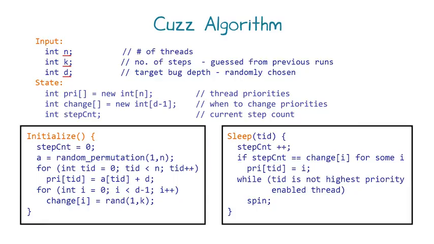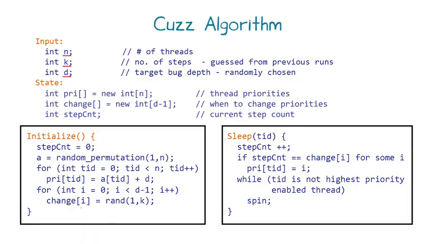Triggering a bug of depth d requires d-1 changes in thread priorities over the entire execution. So the initialize function picks d-1 random priority change points k1 through k(d-1) in the range 1 through k. Each such priority change point, say k_i, has an associated priority value of i.